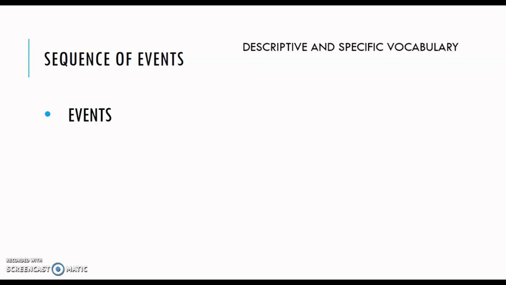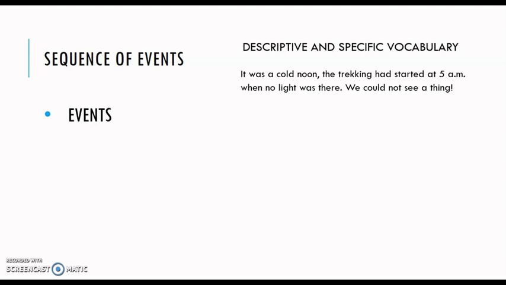Focus on these two words, sequence and event. So let's see how we can write our event in the best way. First, we need to use descriptive and specific vocabulary. Why?